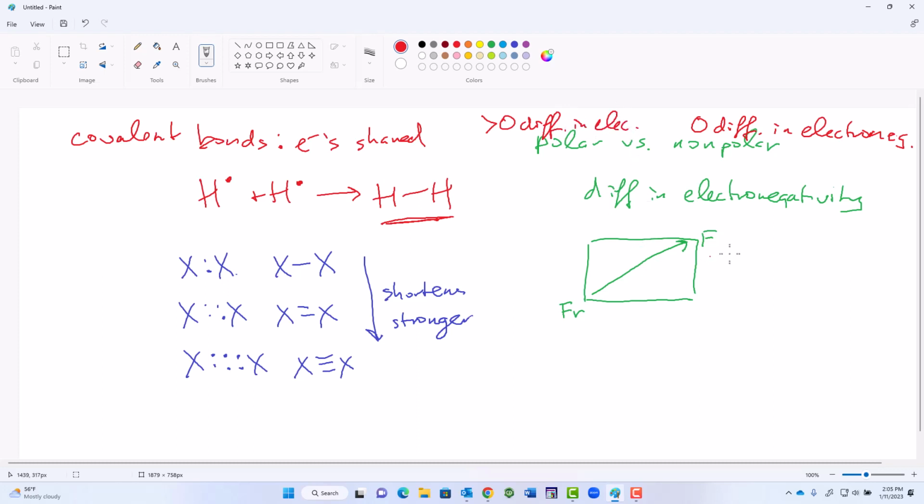So what this means is that something like H-H is going to be a nonpolar covalent bond because these are going to have the same electronegativity. So there is a zero difference in electronegativity. We would call this nonpolar. And something like F-F or I-I is going to be a nonpolar bond. We're referring to this bond here now.